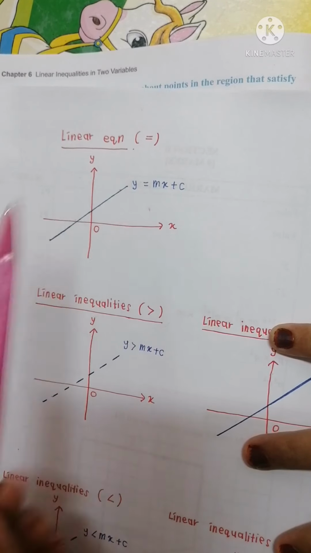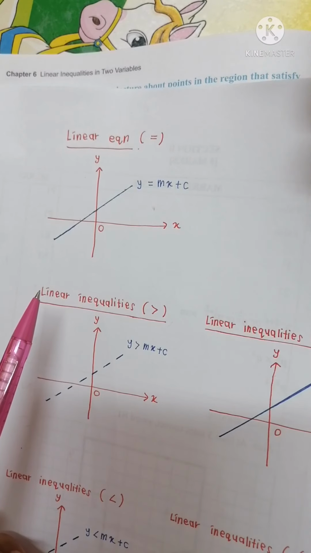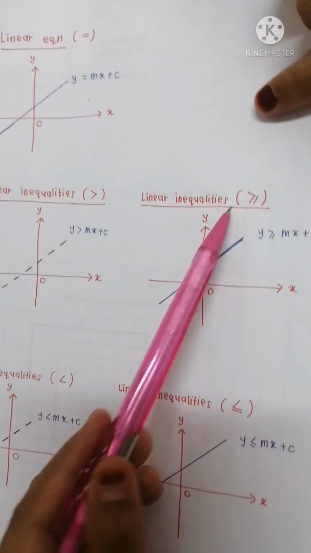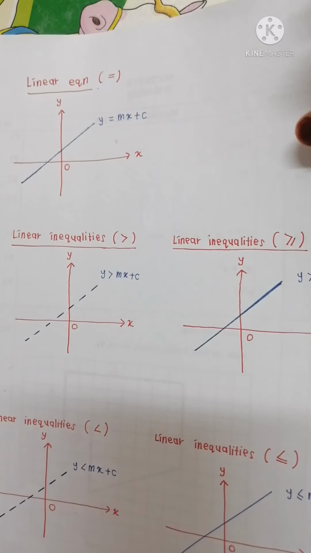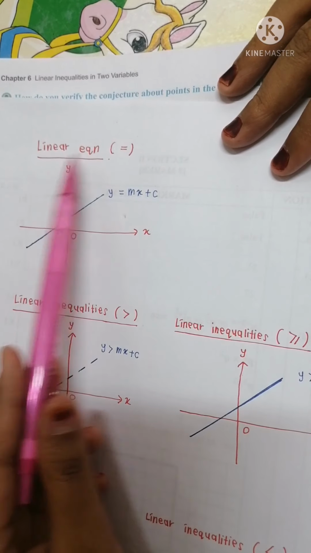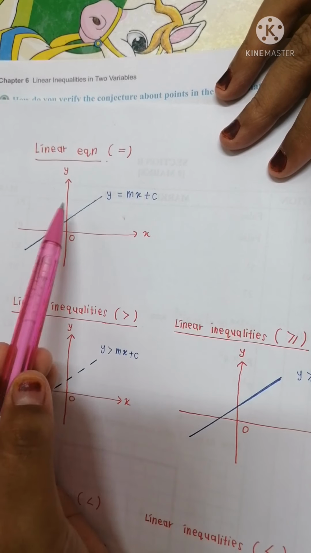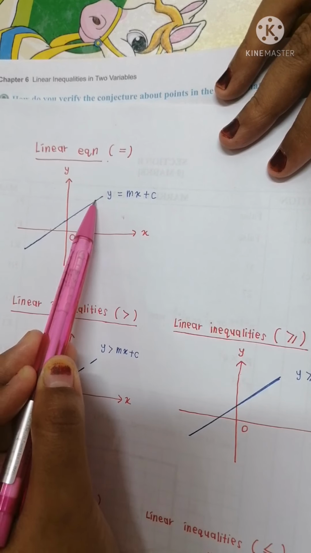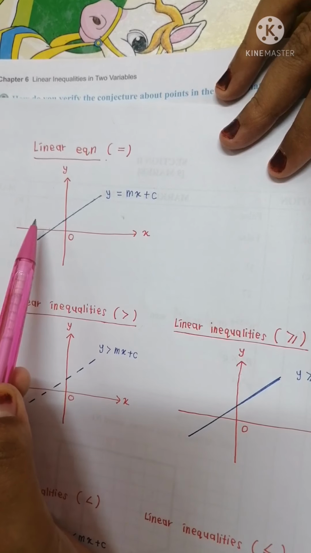Now let's look at this one. For this chapter you learn about linear inequalities, right? The symbols are this one, this one, this one, and this one. There are 4 symbols that you need to remember. Now look at the linear equation y equal to mx plus c first.